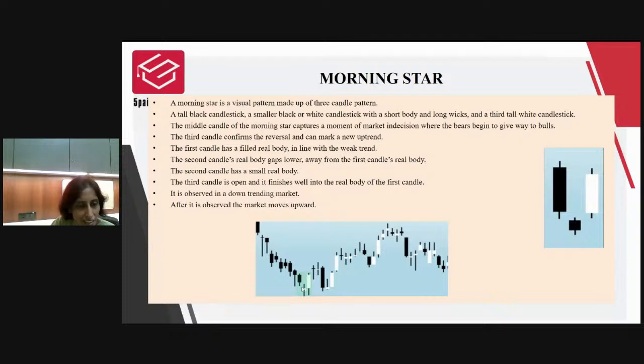And the second candle, of course, has a small real body. The color of the body can be red or white or green. The second candle has a small real body, which is more important. So here the real body should be small, irrespective of whether it is black or white, that is green or red, as the case may be.